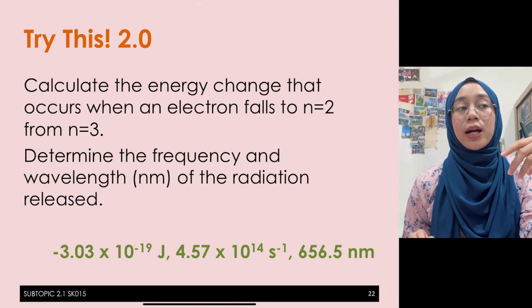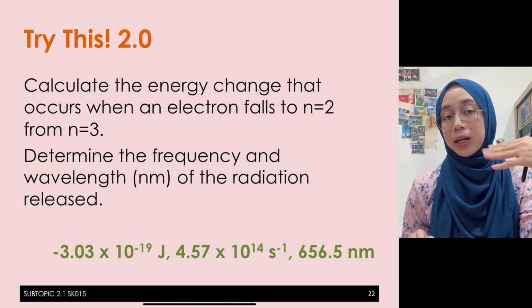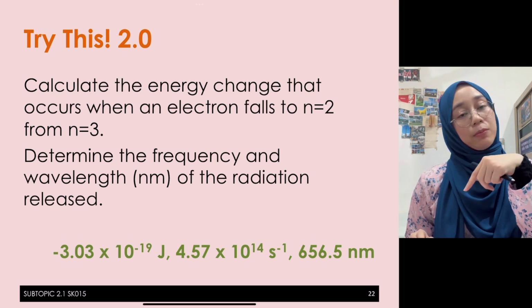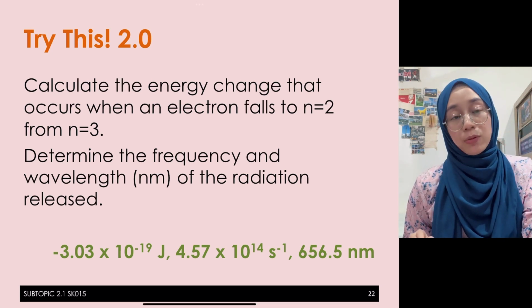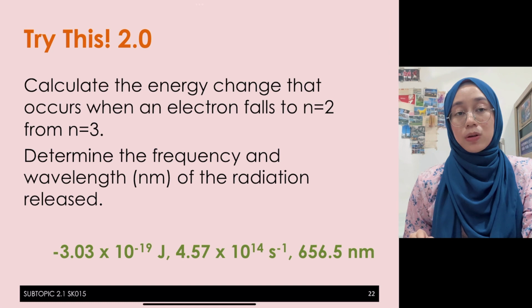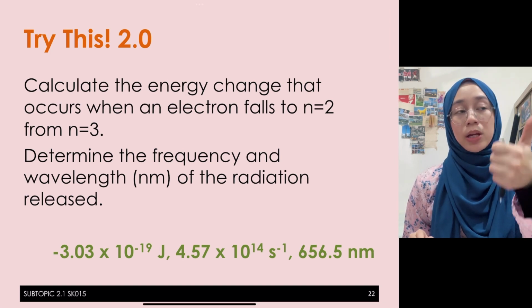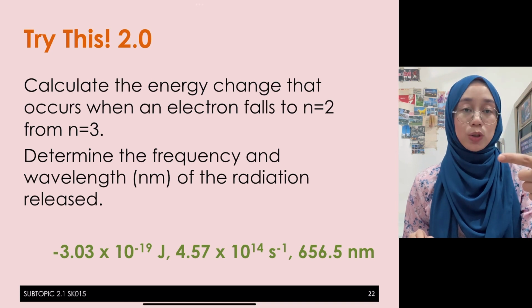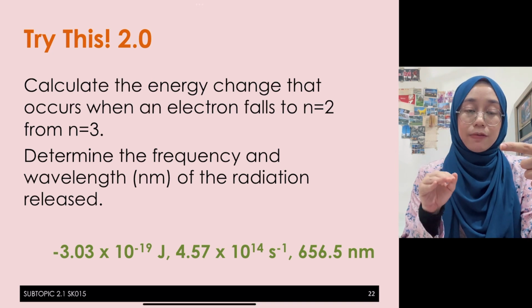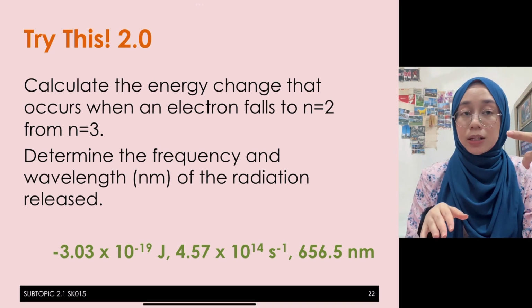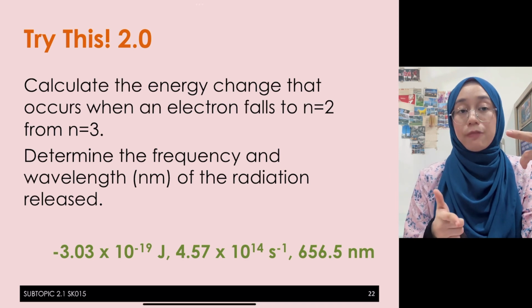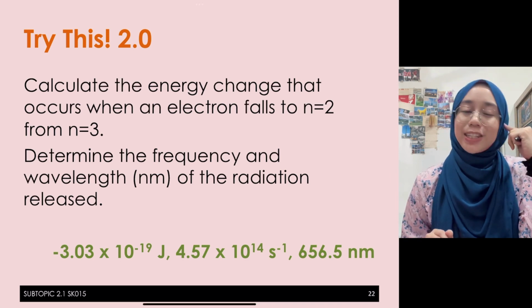Okay, and then kalau nak cari frequency nak kena guna formula mana. Kalau nak cari wavelength pula nak kena which formula macam tu. Okay, so by now kamu boleh describe dah sepatutnya Bohr's postulate. Kamu boleh buat calculation juga dah energy at a specific energy level, and also difference in energy termasuklah frequency and also wavelength. Okay, right, itu sahaja. Bye.